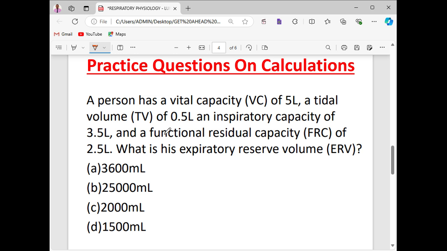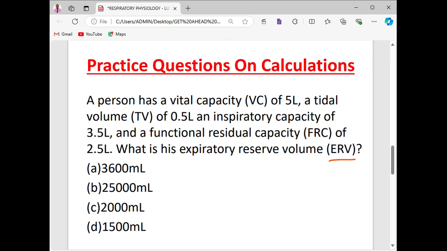What is his expiratory reserve volume? You've been given the VC, the tidal volume, the inspiratory capacity, and the FRC. What you are supposed to find is ERV.